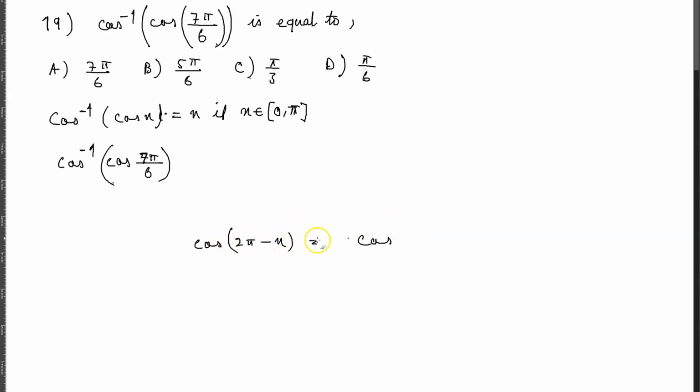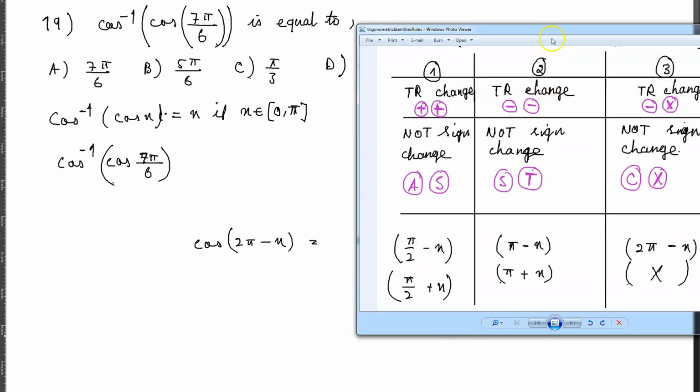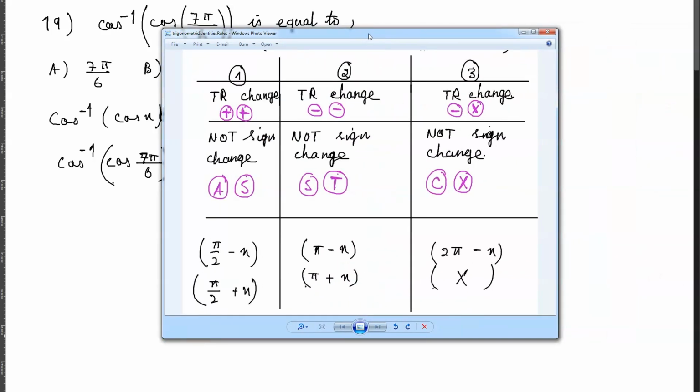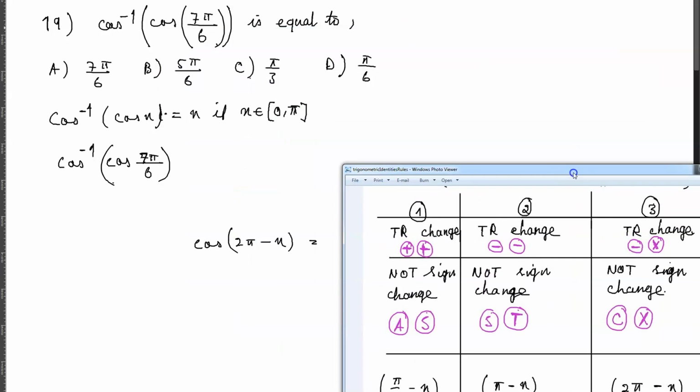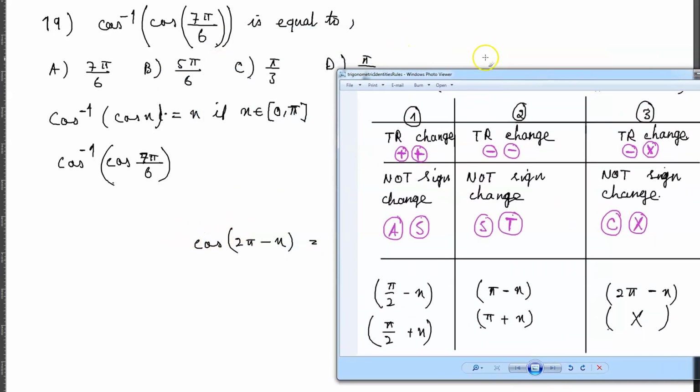In the case of 2 pi, only cos does not change.